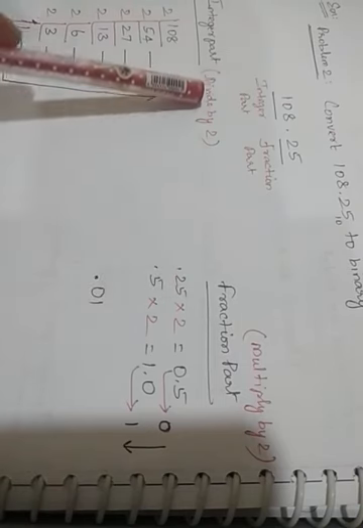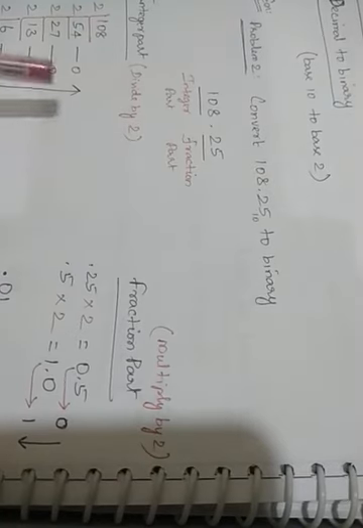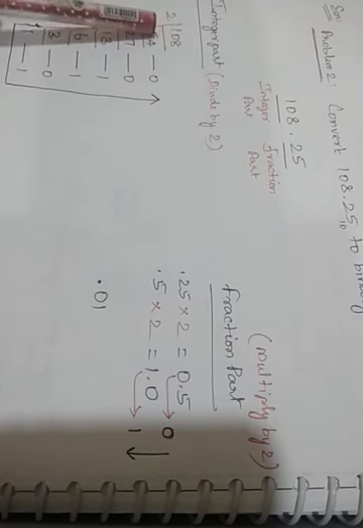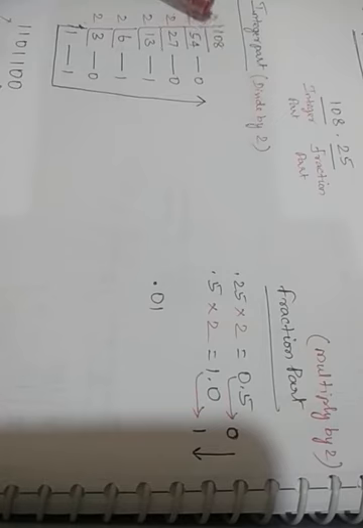You should divide the integer part by 2, because I want to convert the given number into binary. We know the radix value of binary is 2, so you divide the integer part by 2. 108 divided by 2 gives quotient 54 and remainder 0. Again dividing, I get 27, remainder 0.